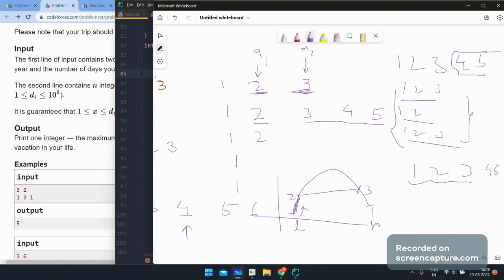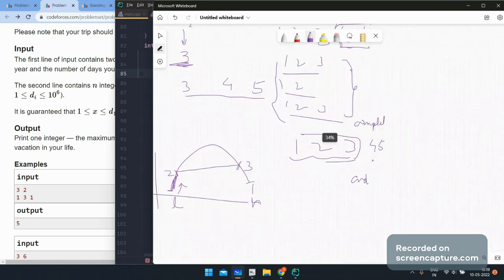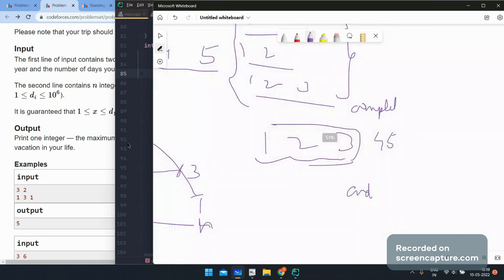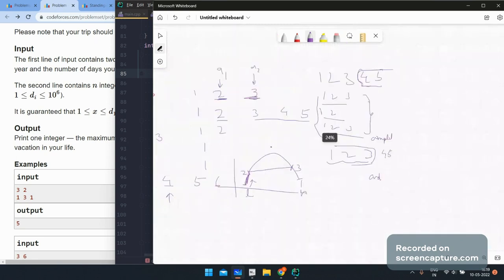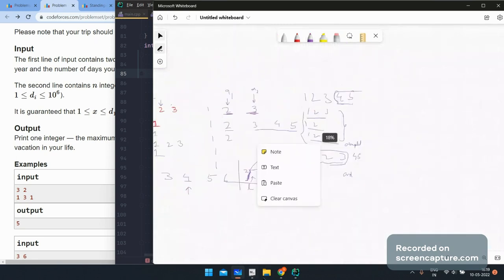Suppose this is the leftover, and this is the endpoint, and this is the complete index till where it is complete. So we start from an incomplete array, in between we get completed arrays, and at the end we have a normal array which is the ending point, which I denote by x. So that's it. This problem ends here.